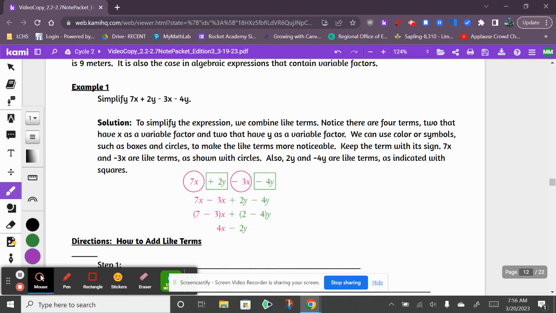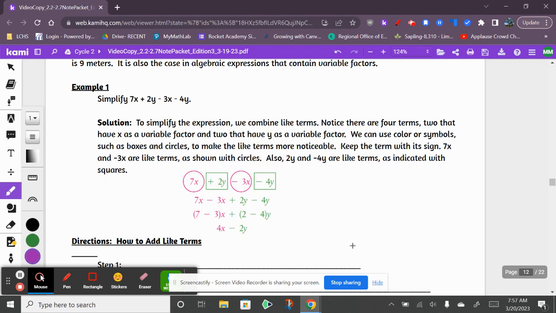So if we look at this example, it says to simplify the expression, we combine like terms. Notice that there are 4 terms, 2 that have x as the variable, in the pink right here, and 2 that have y as a variable factor. We can use the color or symbols such as the boxes and circles to make the like terms more noticeable.